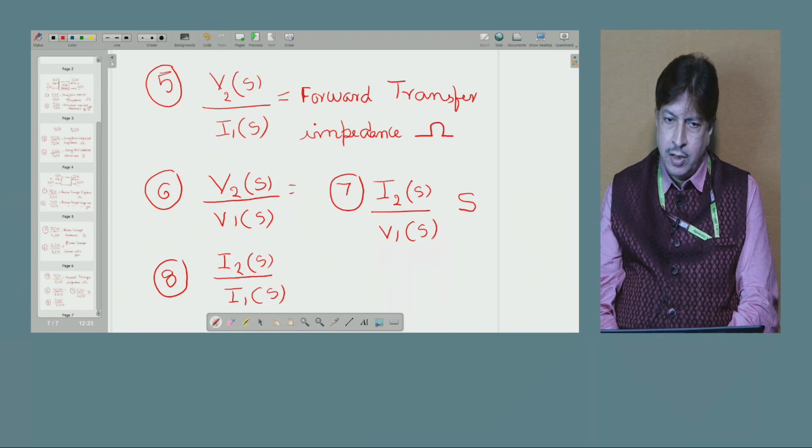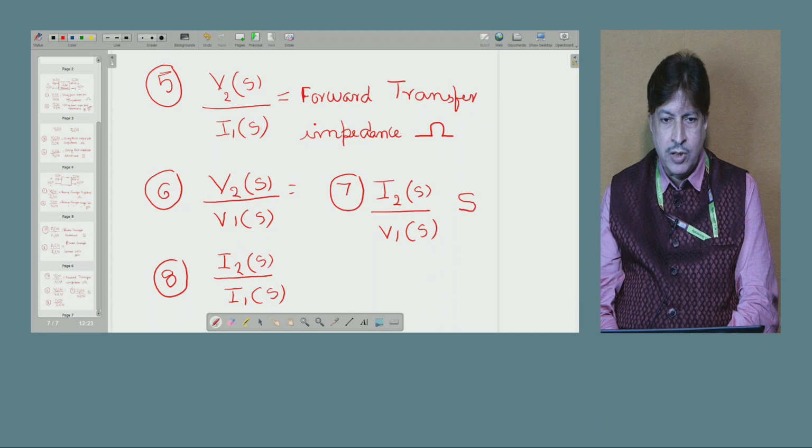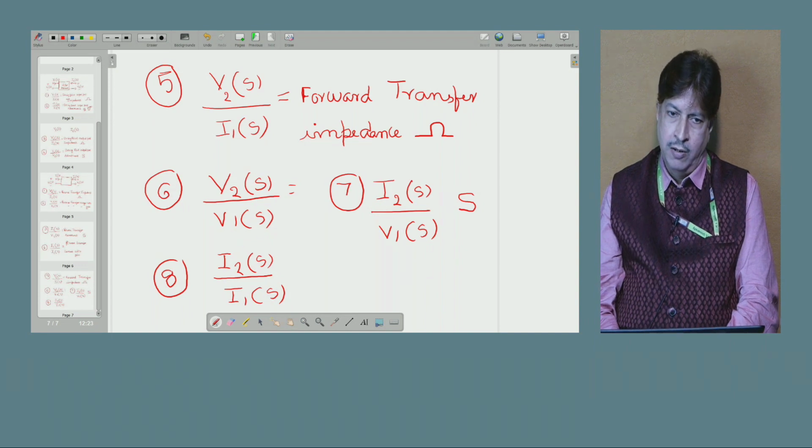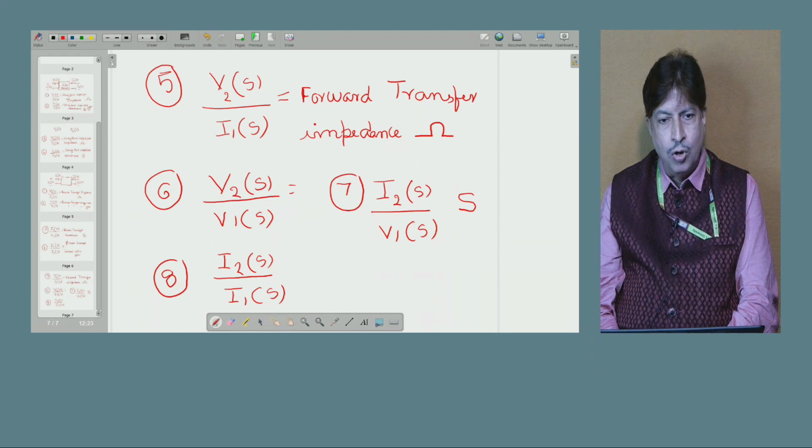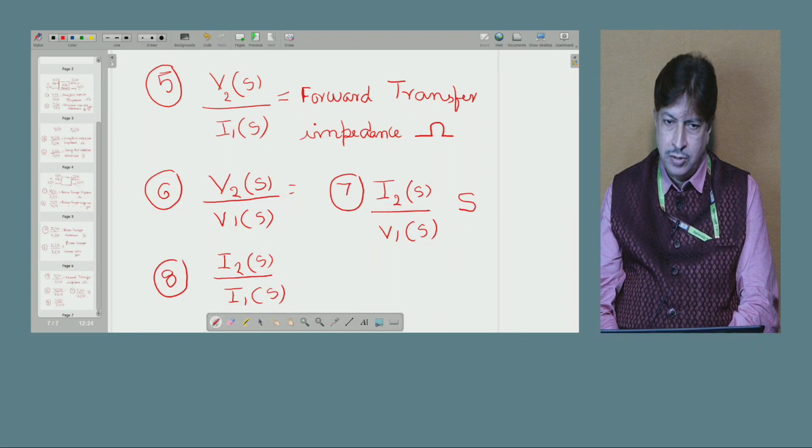Whenever the numerator variable belongs to input side and denominator variable to output side, that transfer function is called reverse transfer function. And whenever the numerator variable belongs to output side and denominator variable to input side, it is called forward transfer function.